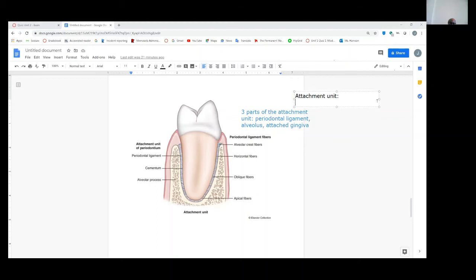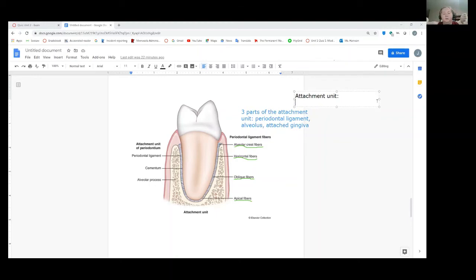Thank you. So the 3 parts of the attachment unit are the periodontal ligament, the alveolus or the bone, right? And the attached gingiva. Excuse me, is the cementum part of the attachment unit? Yes. So we think of the periodontal ligament, and then what's it attached to?